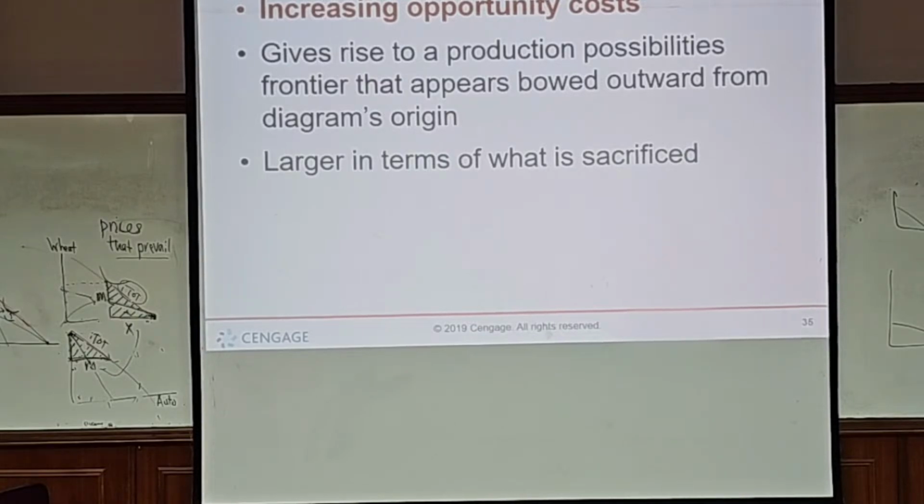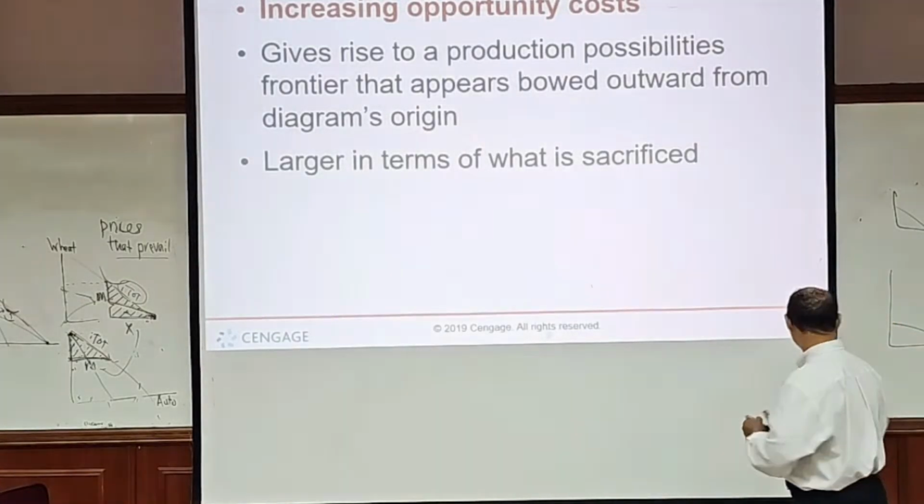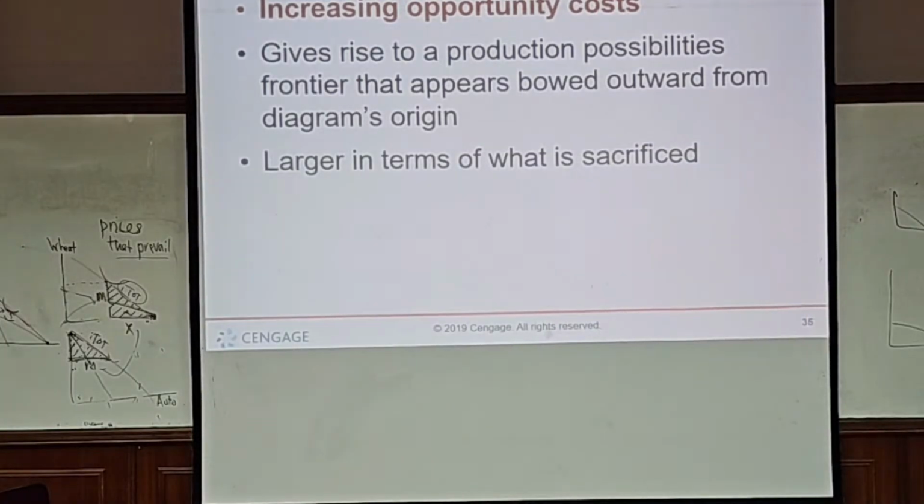See this production possibilities frontier. This is the 2x2. Why increasing cost? Not the capital and labor.